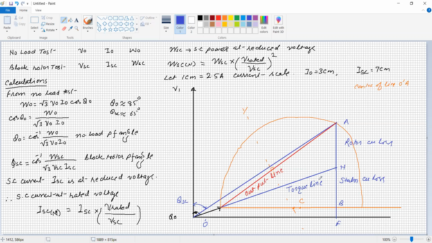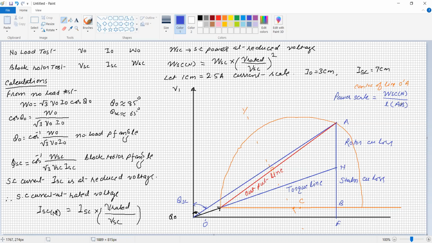Say, for example, here we are going to calculate the power scale. So the power scale is equal to the WSC at normal voltage divided by length AB.